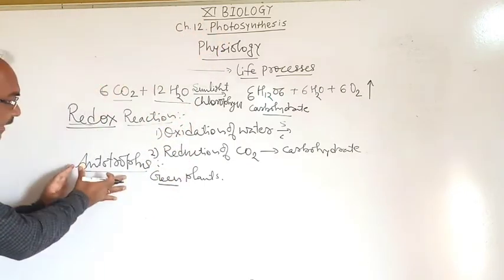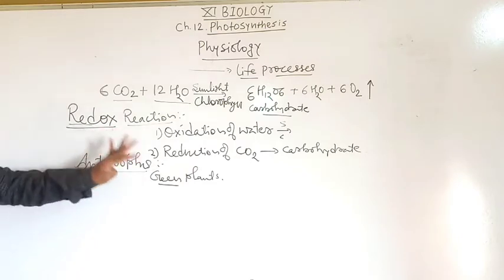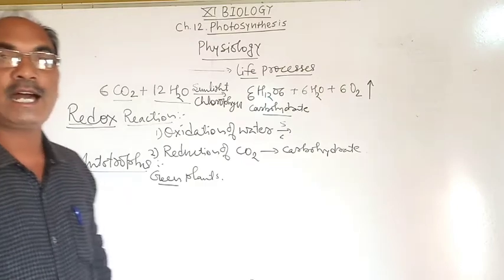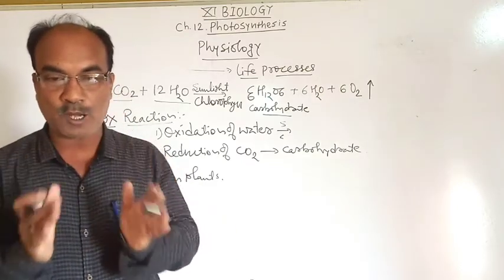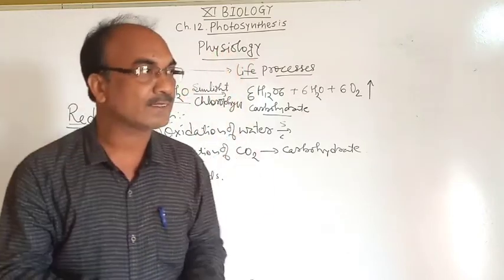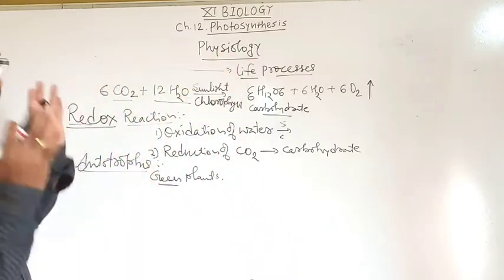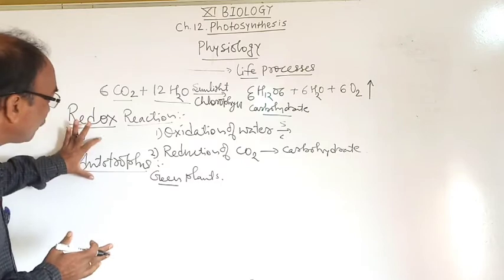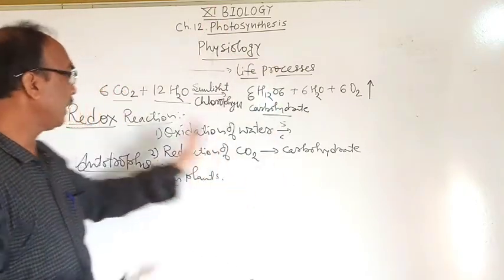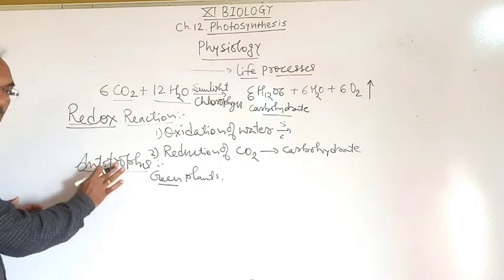That organisms को क्या बोलेंगे हम, autotrophs, and the mode of nutrition is called the autotrophic mode of nutrition. These organisms के अंदर ये photosynthesis process होती है, उसको क्या बोलेंगे, autotrophs.